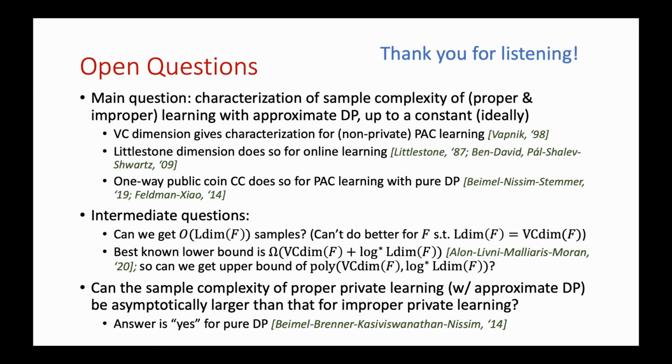I see. It seems a little strange that log star would be the right quantity there, right? Or maybe you think that's inherent. Yeah, I'm not sure. Basically, this log star comes about on the simple class of learning thresholds, and so we don't really have any examples of hypothesis classes which are provably harder than thresholds to learn.